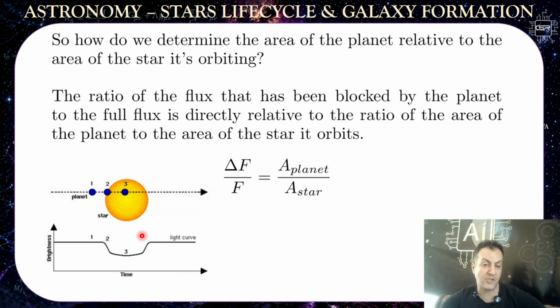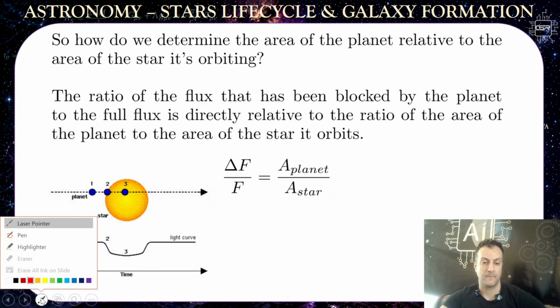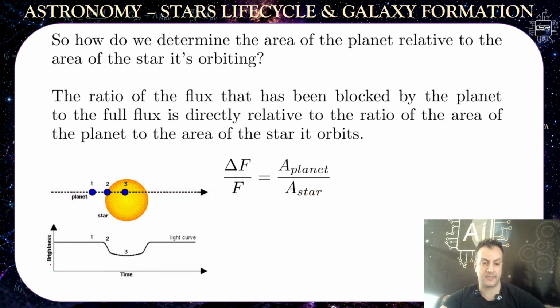In this illustration, you notice that the brightness of the star had dropped a certain degree. So what would that delta F be equal to? If you have a chart like this, where brightness is measured like 1, 2, 3, 4, for example, the brightness had dimmed, let's say, by some amount.